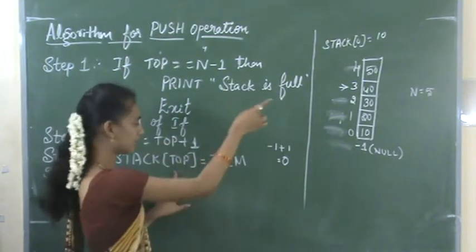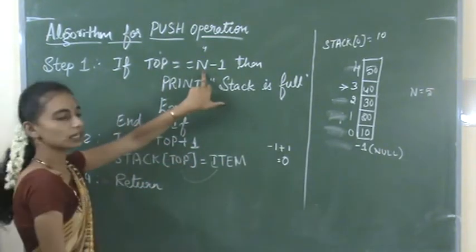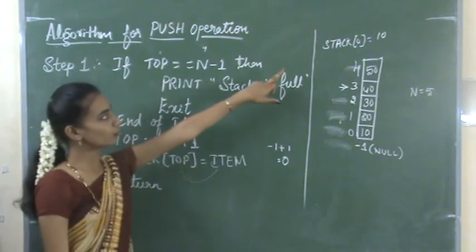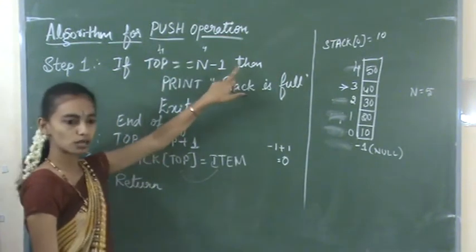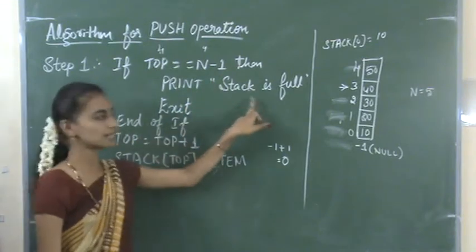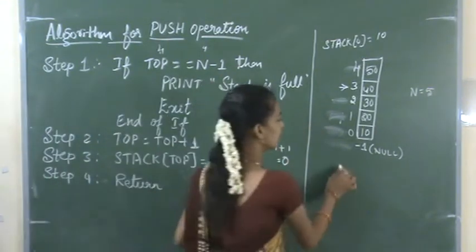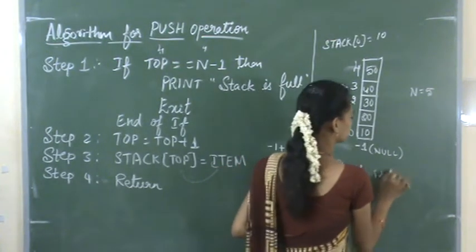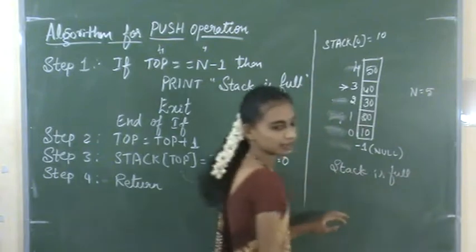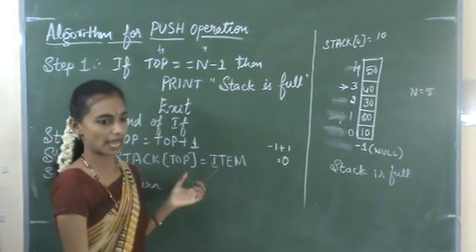I inserted the element. Again it comes here. Now what is the value of top? Top is 4, so 4 is equal to 4. Then it will display stack is full, so we cannot insert more than 5 values into the stack.